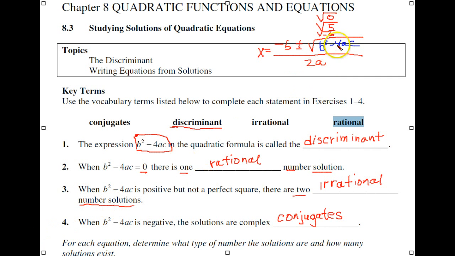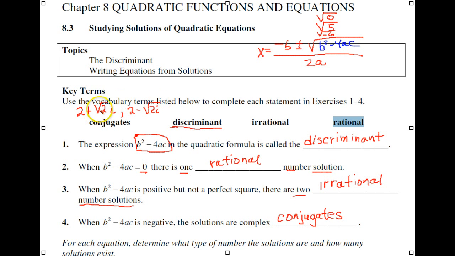And if this is negative under there, we're going to have what we call complex conjugates down here. And let me give you an example of that.